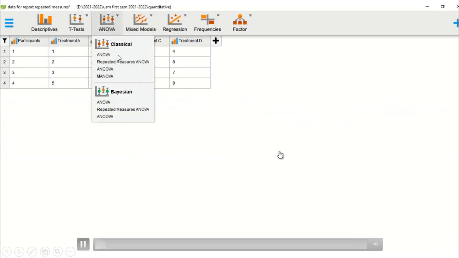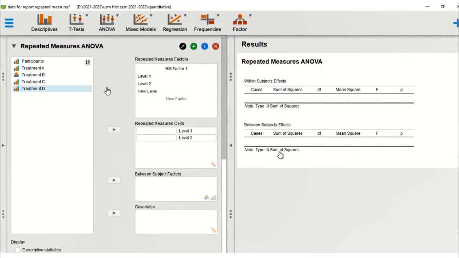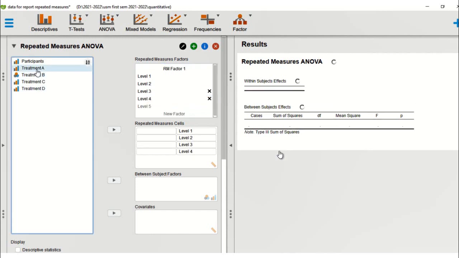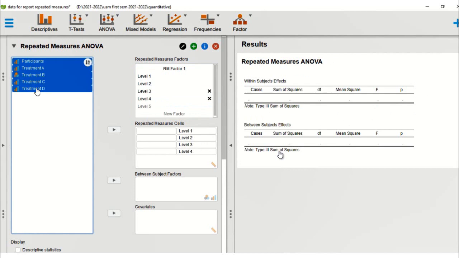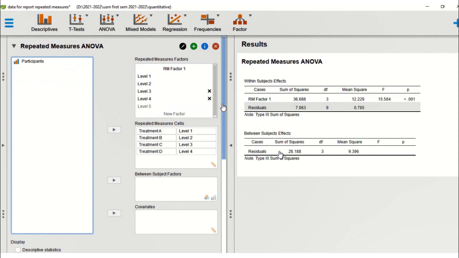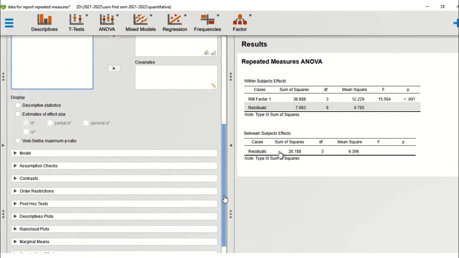And another way, what if nagkakamali tayo and gusto natin siyang gamitan ng non-parametric. So the equivalent of the repeated measures in the non-parametric is the Friedman's test. For the scale, we have the Cochran's Q test for the dichotomous, or yung yes, no, or true or false.